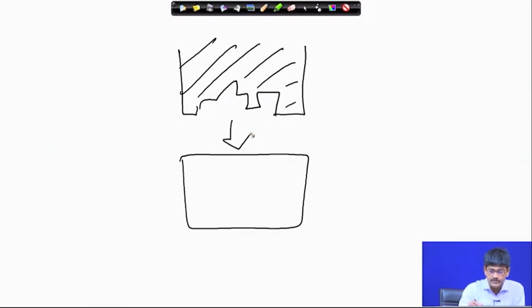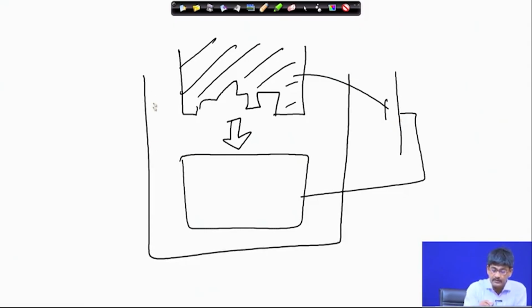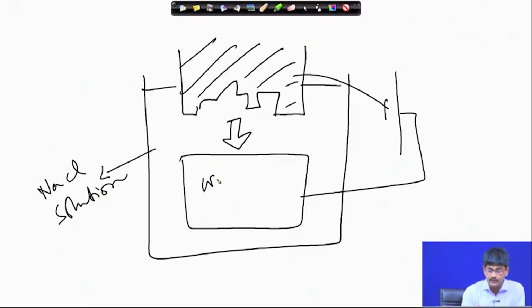And you bring it towards the job, you give it electrical connection, you submerge the whole thing in electrolyte solution, say NaCl solution. Okay. This is once again your workpiece. At this moment, it is the blank.